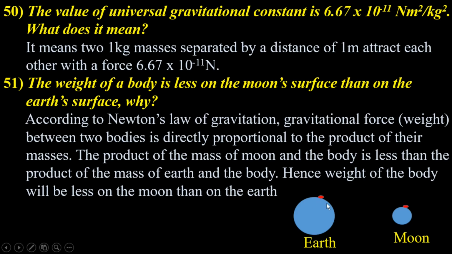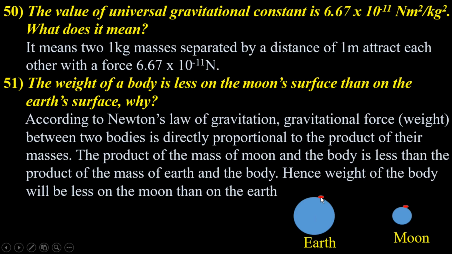Now, how did we answer this? Actually, the weight of the body on the earth is the gravitational force between the earth and the body. In the same way, weight of the body on the moon is the gravitational force between moon and the body. Since mass of earth is very huge, gravitational force is huge on the surface of the earth in comparison with the moon, because according to Newton's law of gravitation, gravitational force between two bodies is the product of their masses.